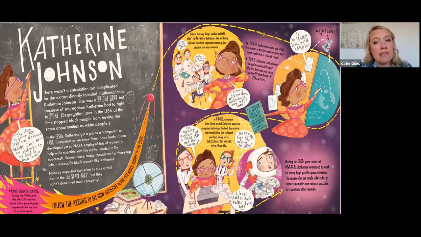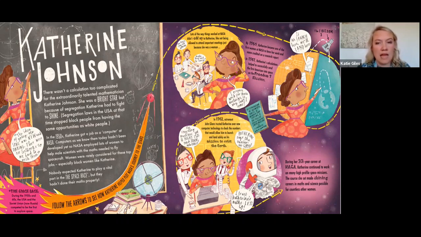Okay, but if we then got our PALS grid and started to analyse this text, we could start to think about, right, first and foremost, what is the purpose of this writing? Why has this text been written? Okay, so we can see this is a text about Katherine Johnson. So this text type is to provide information about a person of interest.